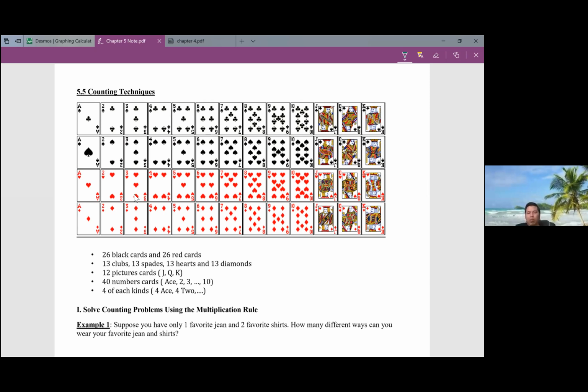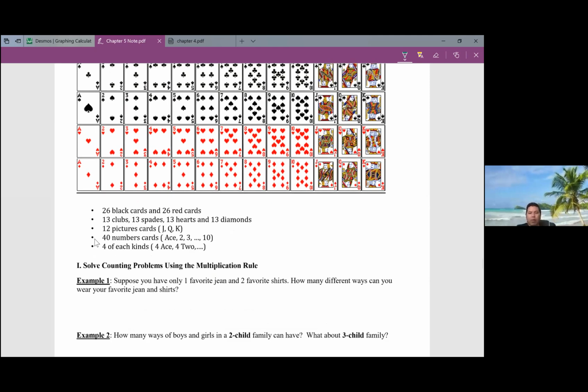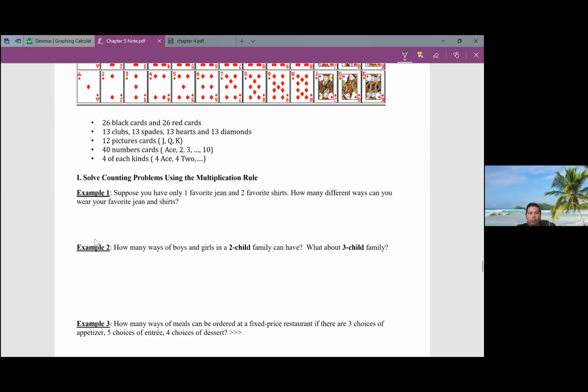Now we're going to count. The first part of this section is to solve counting problems using the multiplication rule. Suppose that you have 1 favorite pair of jeans and 2 favorite shirts.